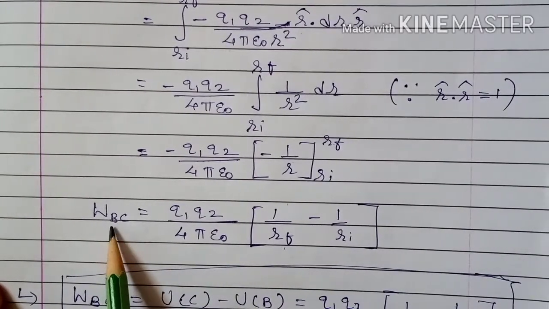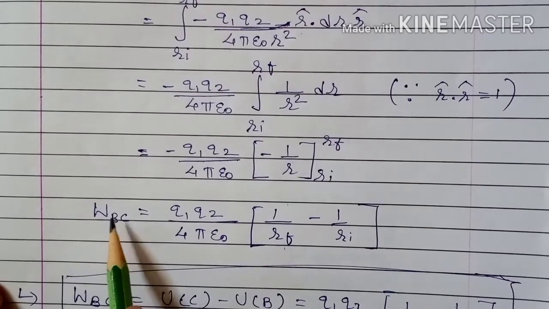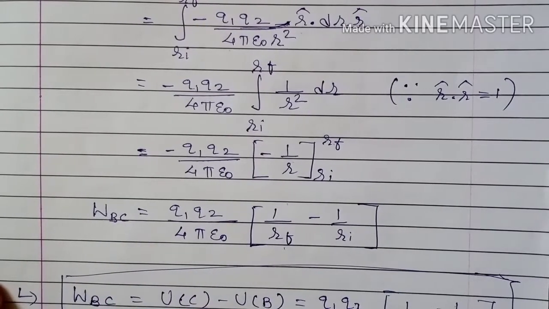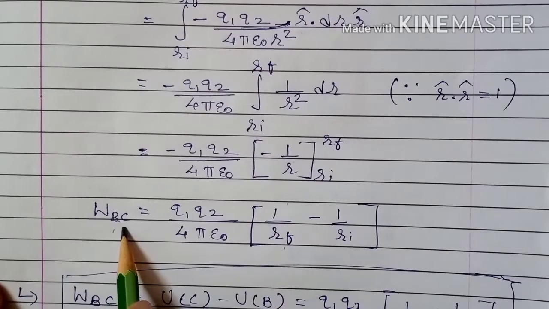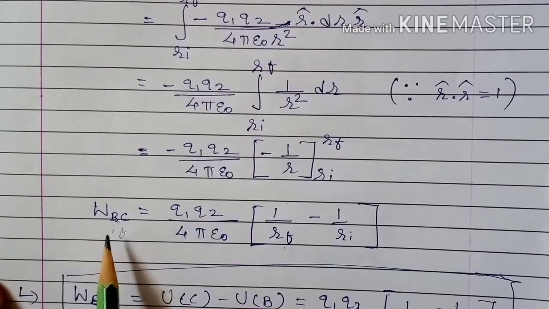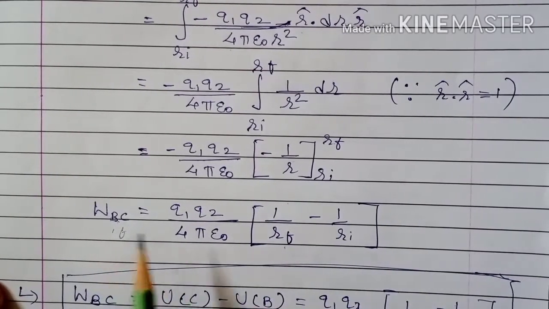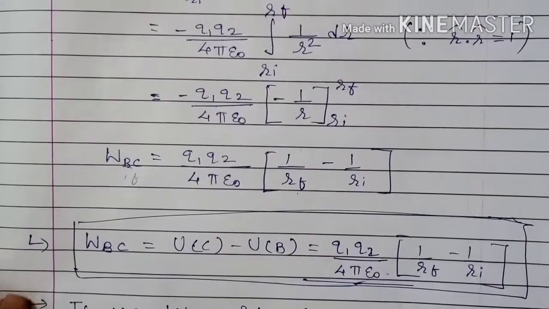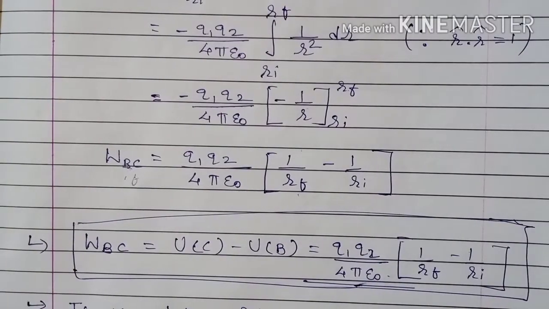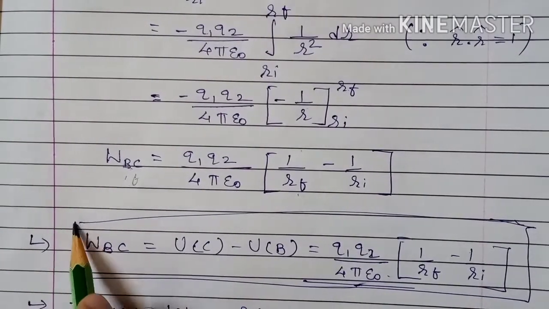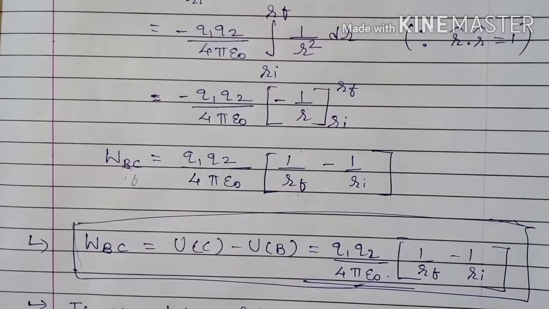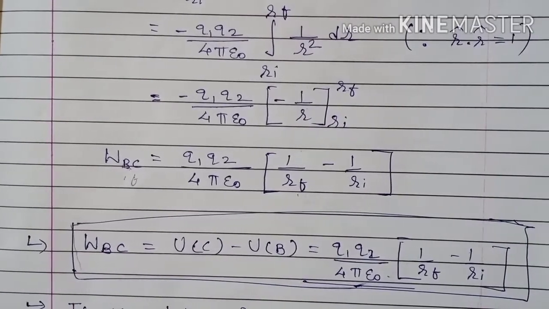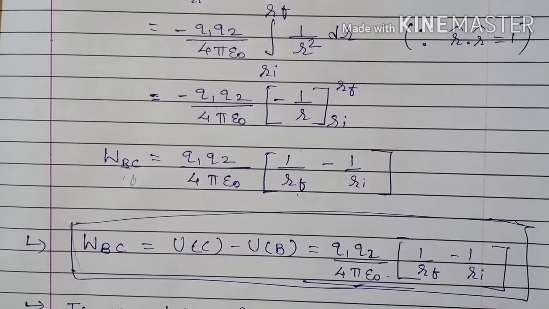We have started the journey from B and finally we reach at point C. So this is initial, this is final. So work done in moving charge from initial to final, that is 1 upon Rf minus 1 upon Ri. Whatever work is done against the electrostatic force, that is stored in the form of electric potential energy.